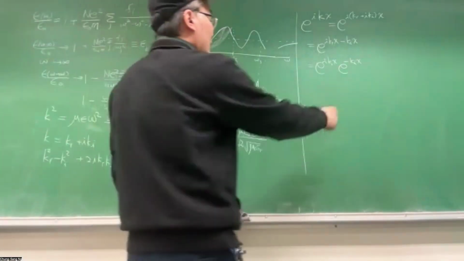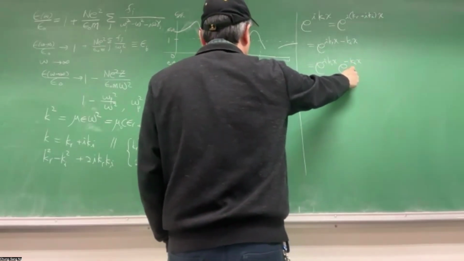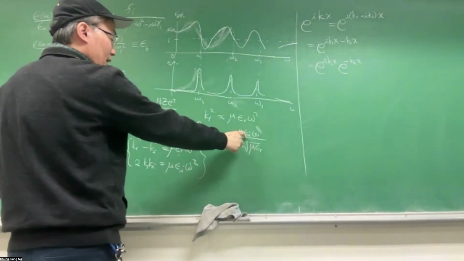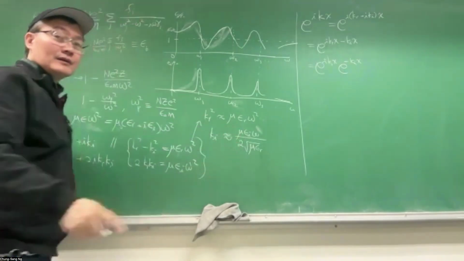So a positive k_I represents absorption, and this k_I is mainly due to the imaginary part of epsilon.